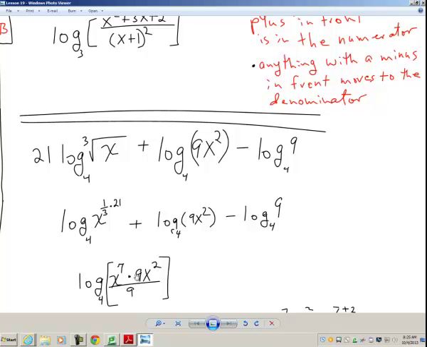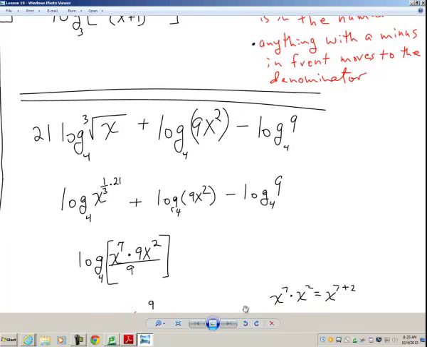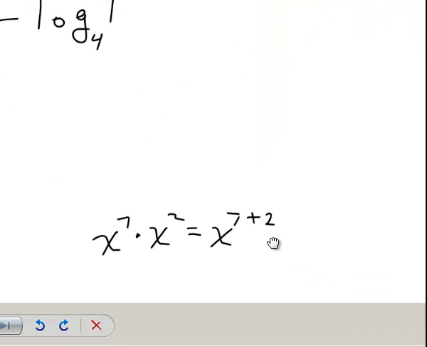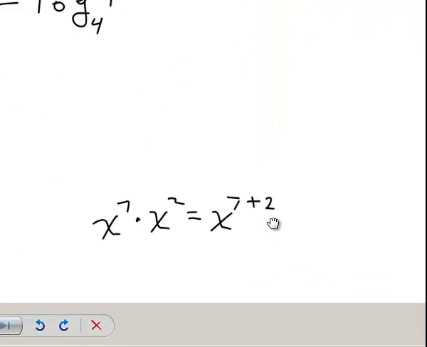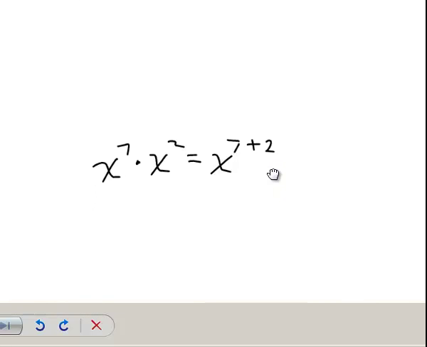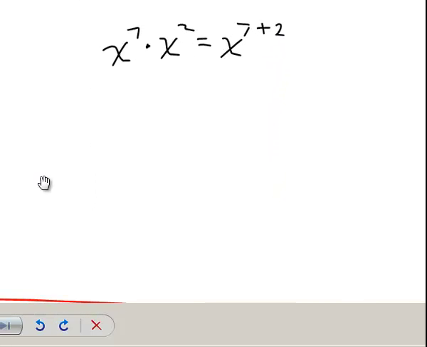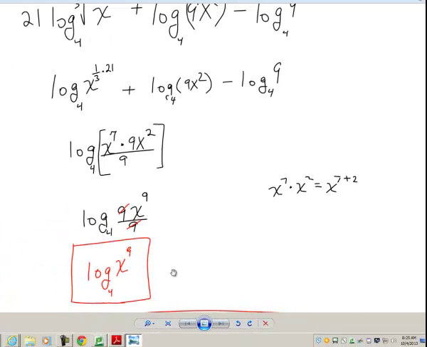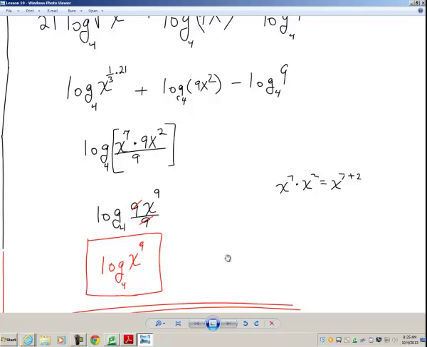Yeah, because x to the 7th times x squared becomes what? We multiply the bases. What can we do with the exponents? Add, right? So that becomes x to the 9th. And what happens to the 9s? They cancel. And since this is x here and a 4 here, we can't do anything else. So that's our answer. Okay?